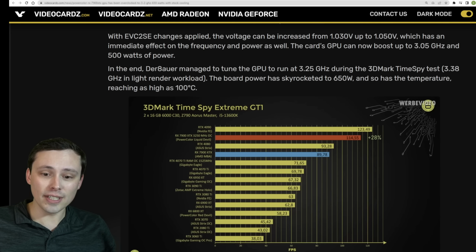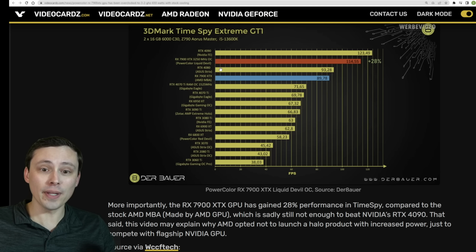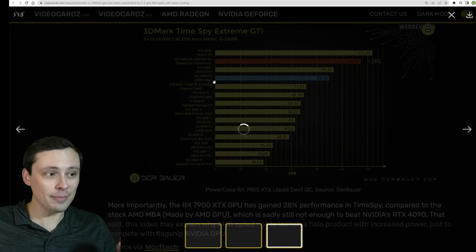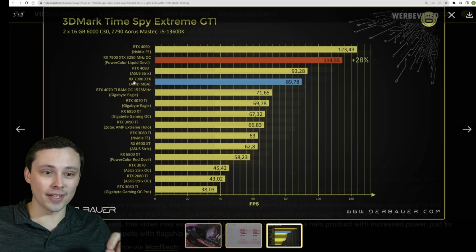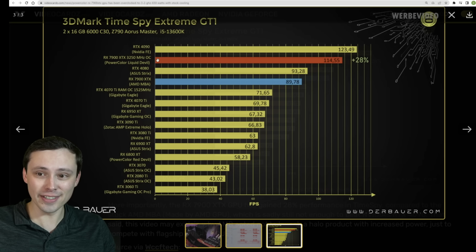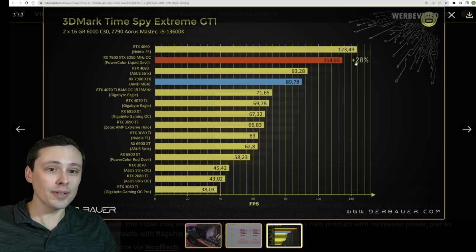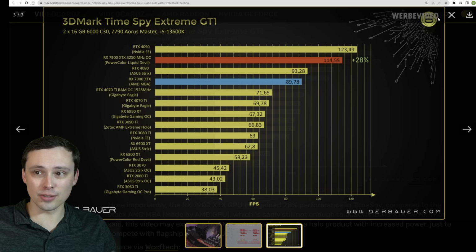Watch the full video for all of the details, but the overall performance gain in 3DMark is insane over the base model. Compared to the made by AMD base model, with the Liquid Devil pushed to 650 watts and 3.2 gigahertz, it's a 28% improvement in the 3DMark score.